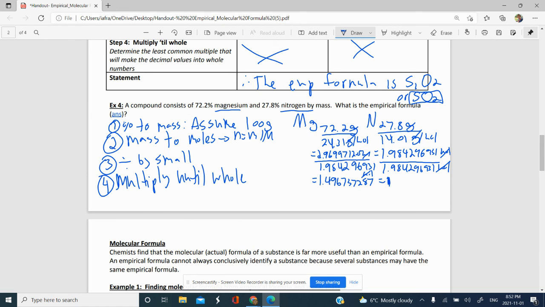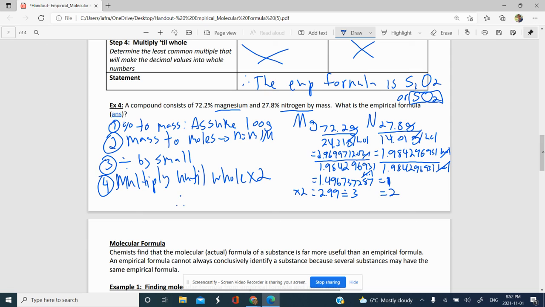And it looks like about 1.5, so I think I can do times 2. So if I do times 2, this becomes about 2.99, and there's more there, but we can round that to 3 now. And this becomes 2. Don't forget, everything gets multiplied by 2.